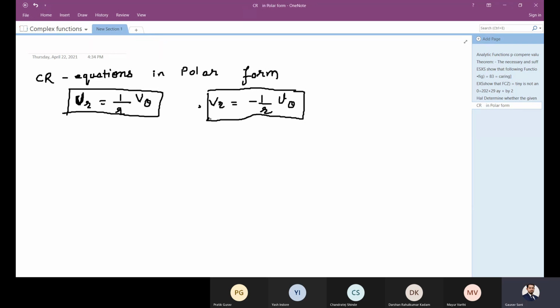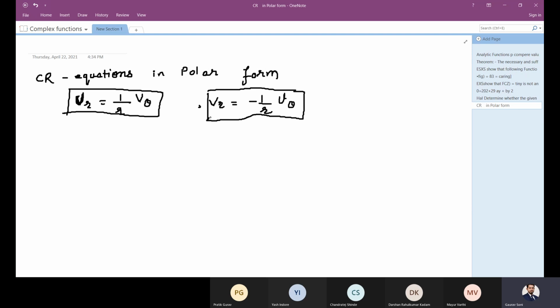Okay. So in the polar form, what we will do is find u in terms of r and theta, find v in terms of r and theta, and similarly check the CR equations whether those are satisfied or not.